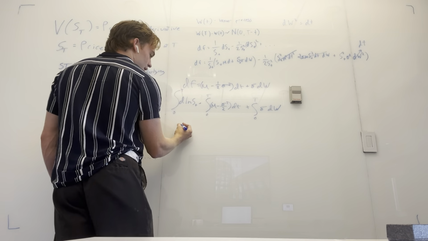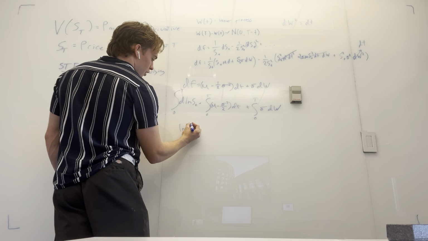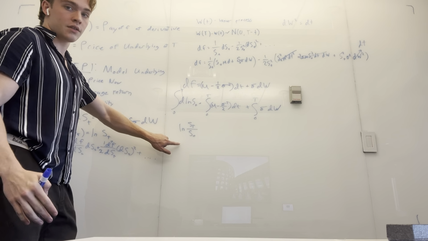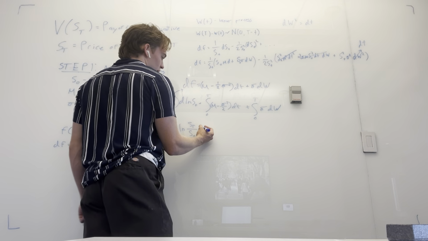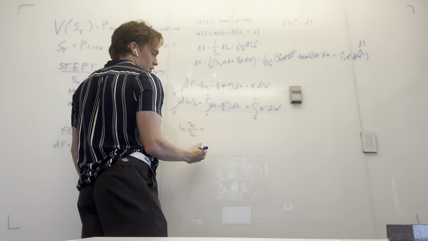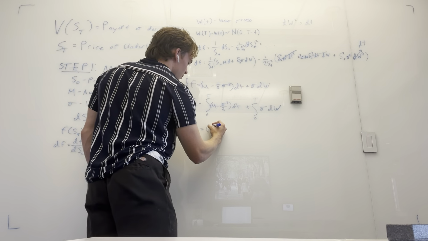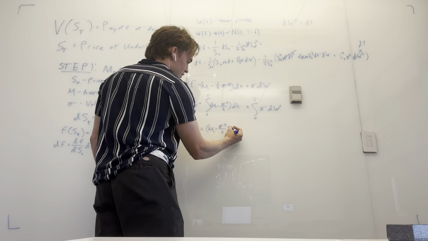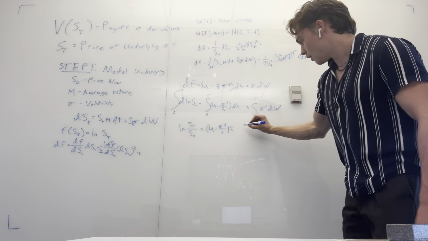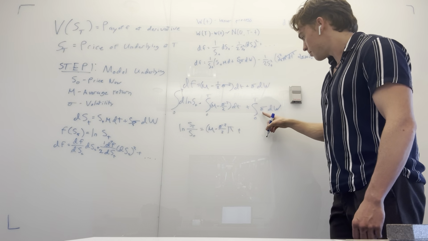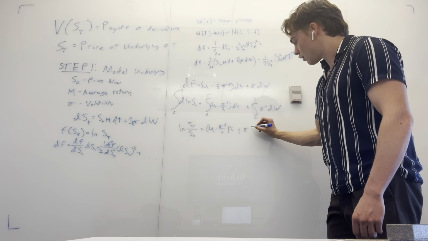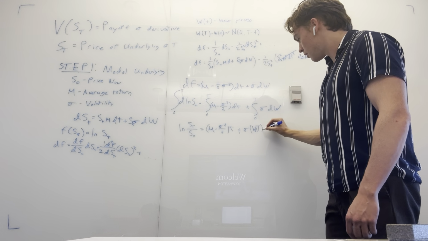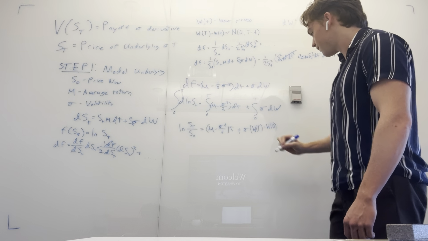Okay? On this side, we're just going to have ln of S of big T over our initial price. This is good, because this is one of the things we wanted to come out of this. And then this part, we're going to have just a mu minus sigma squared over 2 times our big T, and then plus, for this part, we are going to have our sigma times W of T minus W of 0.